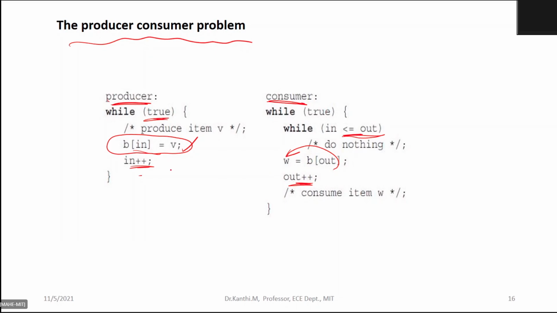So this is the one which is producing it, and this is the one which is sending it. This is producer consumer. Maybe more theory behind this I'll continue in the next class. Any other clarifications on the algorithm which I have discussed? Probably you can go through the book once.